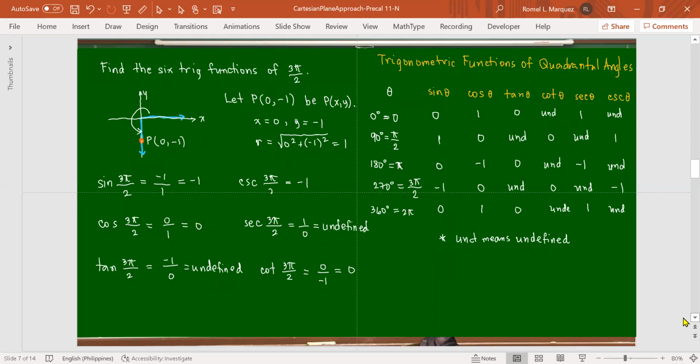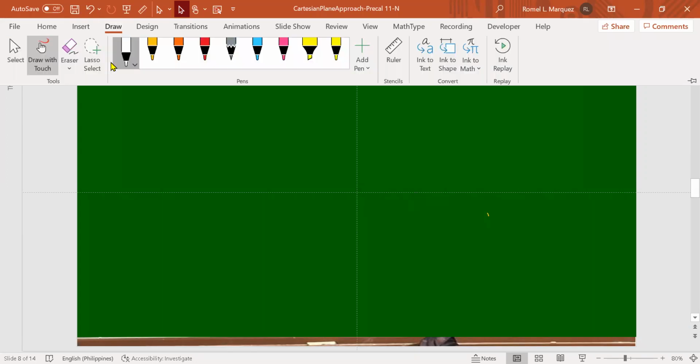So let's now talk about angles, sign of angles in a quadrant. So we have algebraic signs. It's almost time.